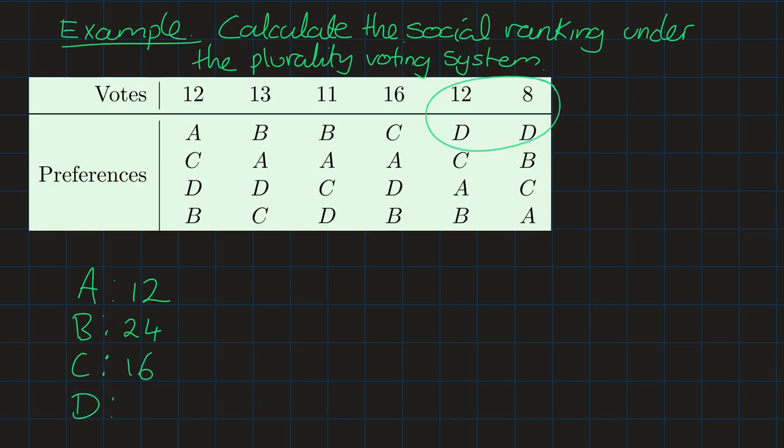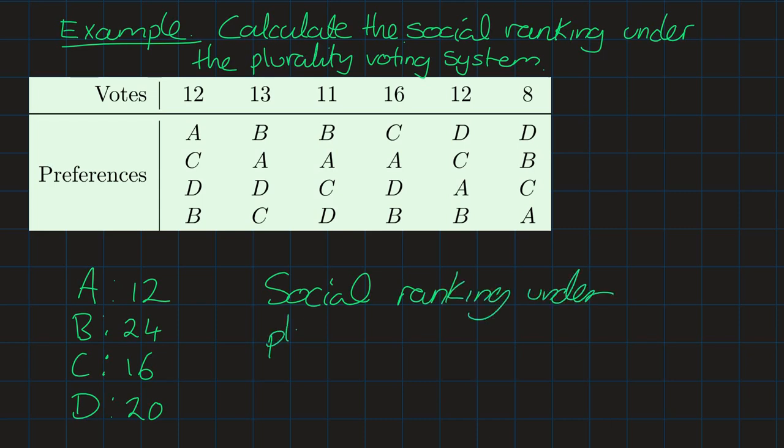And D is going to have 12 plus 8, which is 20. So the social ranking under the plurality is B beats D beats C beats A.